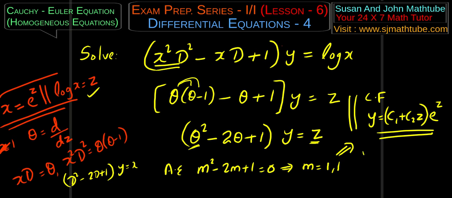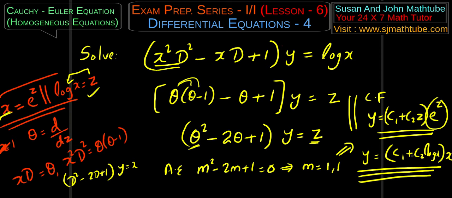And we have to convert this. So c1 plus c2, now look at this, z is actually log x. So this is log x, and e to the power z is x. So outside we have x. So this is our CF.